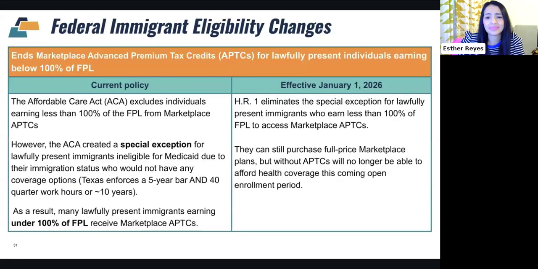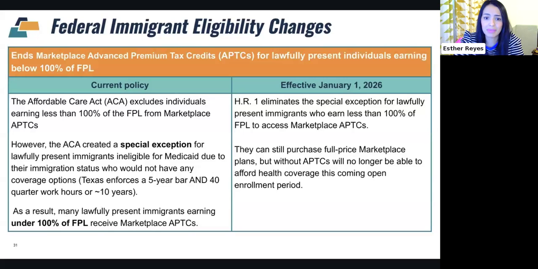Next slide. So this table describes the change that goes into effect this enrollment period in greater detail. Because many lawfully present immigrants are excluded from Medicaid precisely because of immigration status, the Affordable Care Act created a door for low-income immigrants to get financial help and buy marketplace coverage, even below 100% of the federal poverty level.